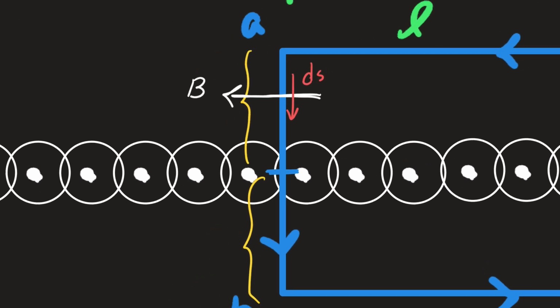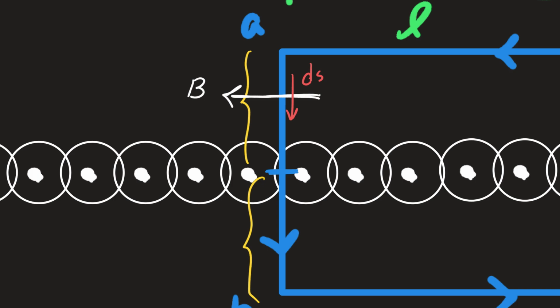So, here, are there any components of the magnetic field that are aligned with the direction of the Amperian loop? And from here to here, there's no component of the magnetic field that's in this direction. The magnetic field is perpendicular to that direction. So the dot product renders a cosine, but the angle between the magnetic field and ds is 90 degrees, and therefore it resolves to 0.